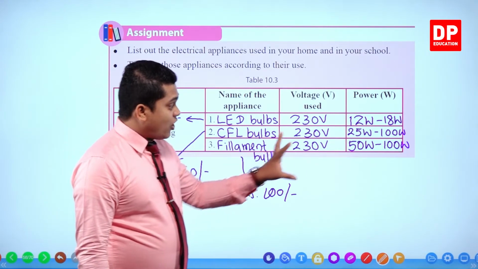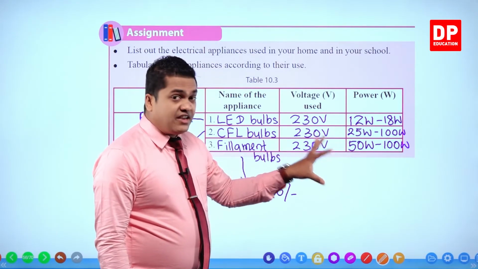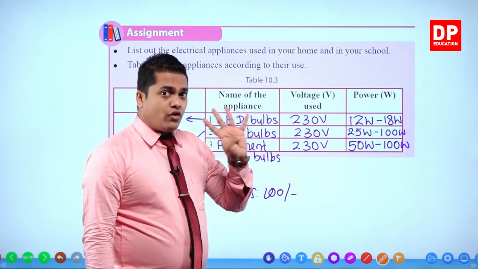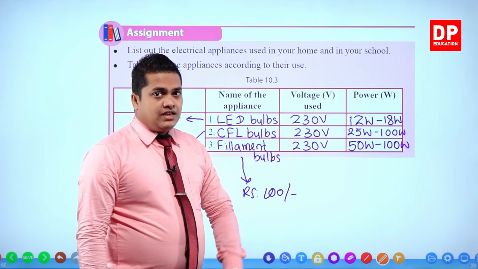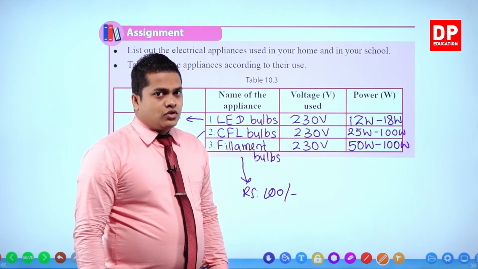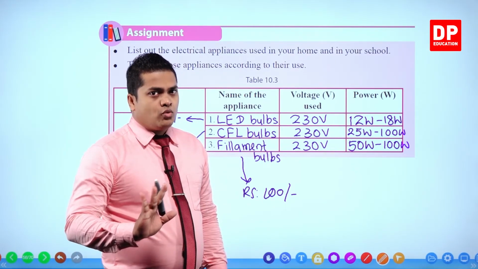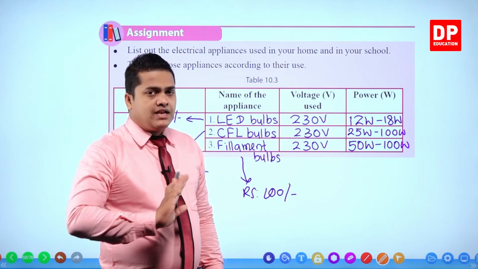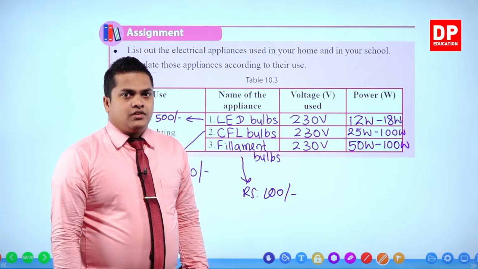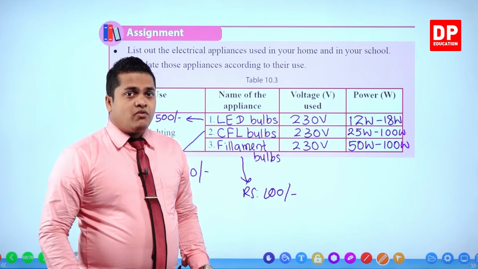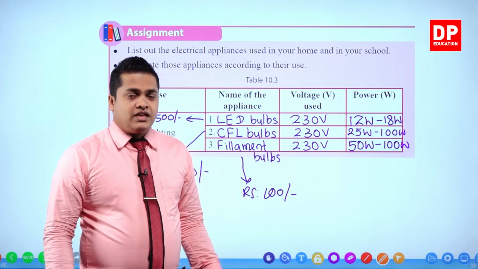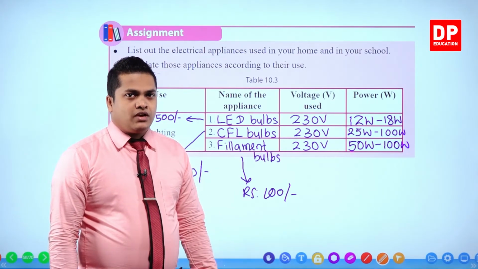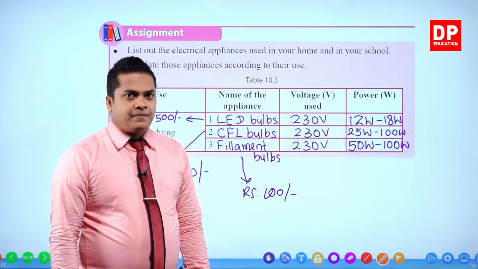So 50 watt means 4 of the bulbs in LED. To light up a room, 12 watt LED is plenty enough. I told you that to light up a veranda, we can use 18 watt bulbs. In a living room, we can use 18 watt LED bulbs.